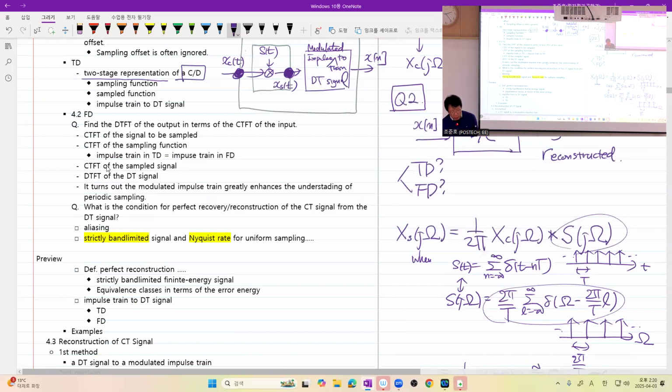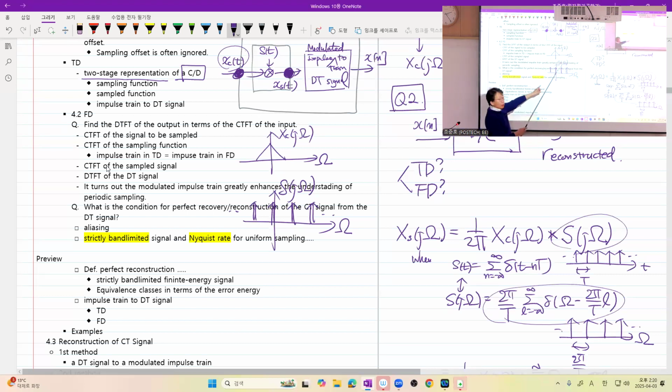We have drawn some figures. For convenience, let's assume that the CTFT of the input signal, the signal to be sampled, is a triangular function. And here goes the CTFT of the sampling function. Then what happens? As you know, this centered delta function convolved with this one copies that one and places it here.